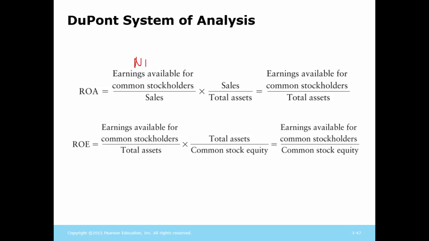We want to multiply that by total asset turnover. Well, you see that the sales divides out, and that leaves us with earnings available divided by total assets. And again, this is our ratio over here, return on assets.